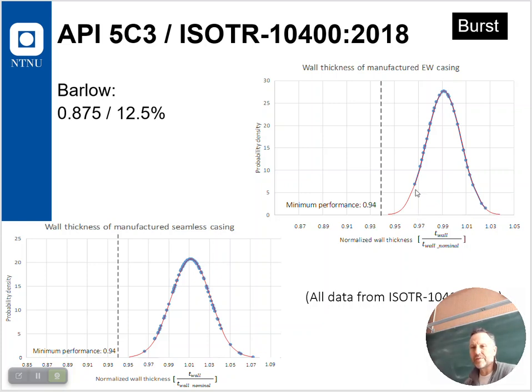For the seamless casing, it's the same. And if you follow the absolute minimum that the normal distribution gives you, it's still at 0.94, 95. So the 12.5% that is older than from 1950, it hurts. I feel it hurts when I have to use it.